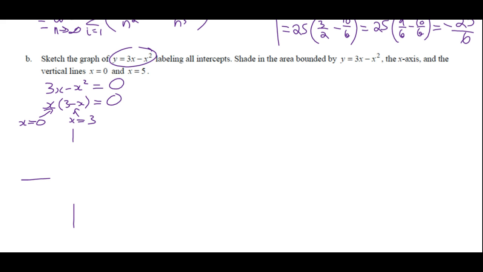Actually, let me redraw that. Okay, so we got 0, we got 3, we got 0. We need 5 as well, right? So 5. Draw that.